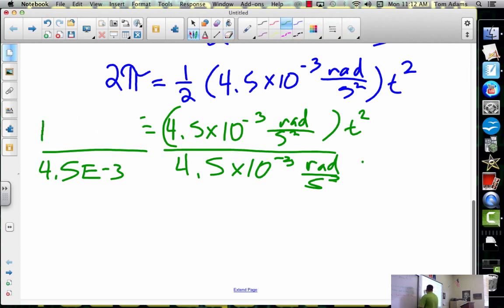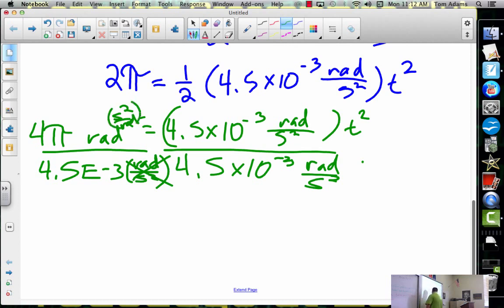If I wanted to be technical, it's 4 pi radians. And when I divide by this radians per second squared, when you divide by a fraction, multiply by the reciprocal. So this becomes second squared over radians on the top.